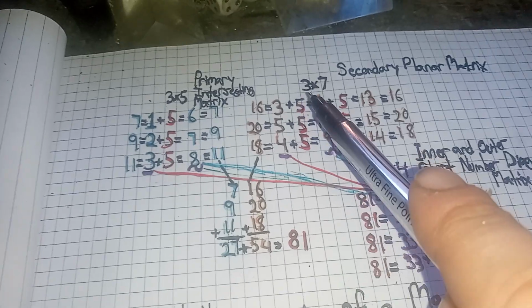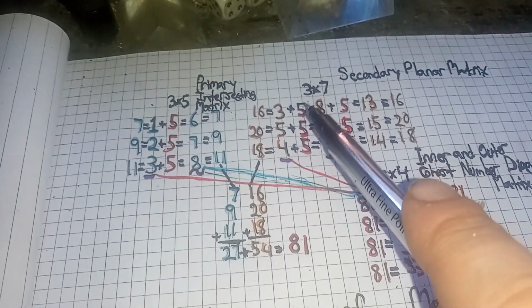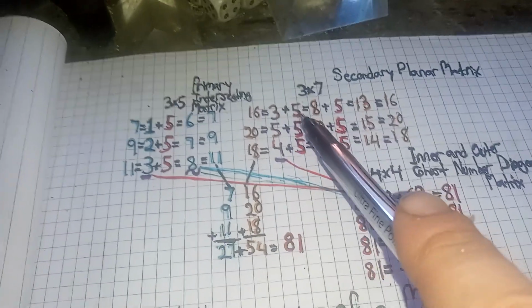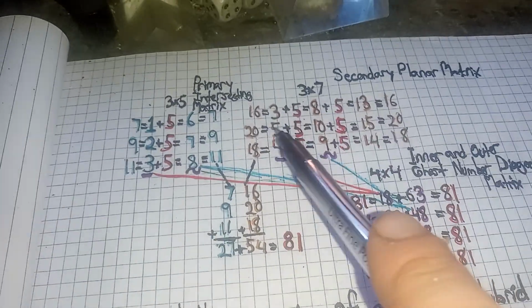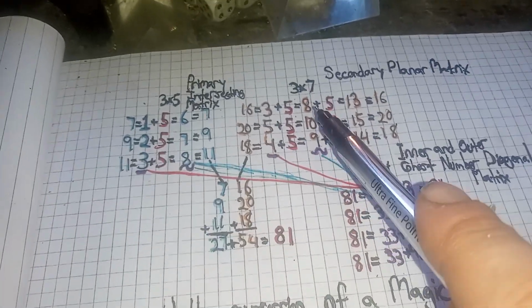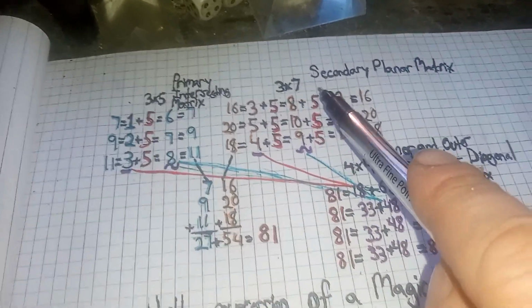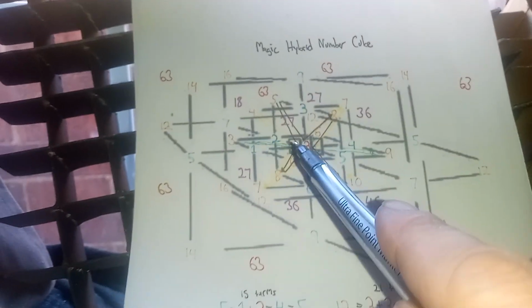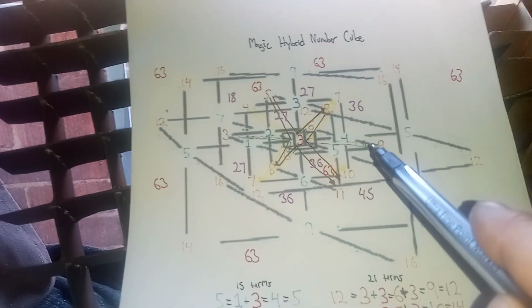And then you still give it the central real number because they bounce off there. 3 plus 5 is 8. 5 plus 5 is 10. 4 plus 5 is 9. And then you bring down the central real number again because it bounces off again. There's 2 equations on each plane that reflects off to give the final output.